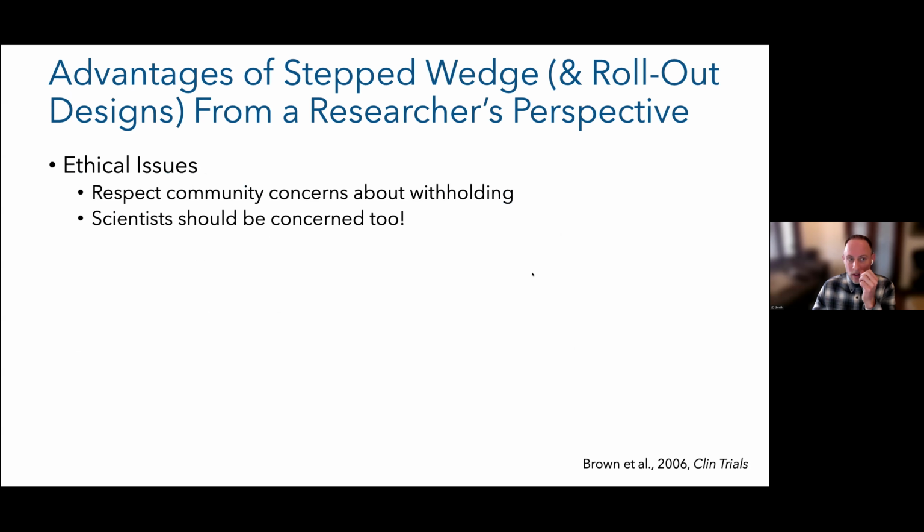So concerning ethical issues, you are in a stepped wedge or rollout asking some communities to wait. So you are essentially withholding treatment. This is not anything different than you would in a typical parallel cluster randomized design. But in this case, you are going to be withholding something that they expect to happen. And so it's a slightly different ethical issue. We should obviously be concerned about this too.